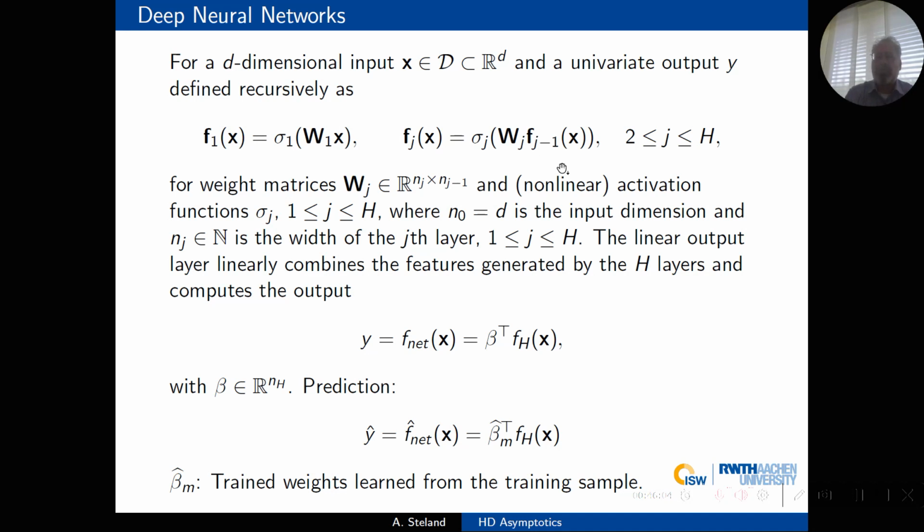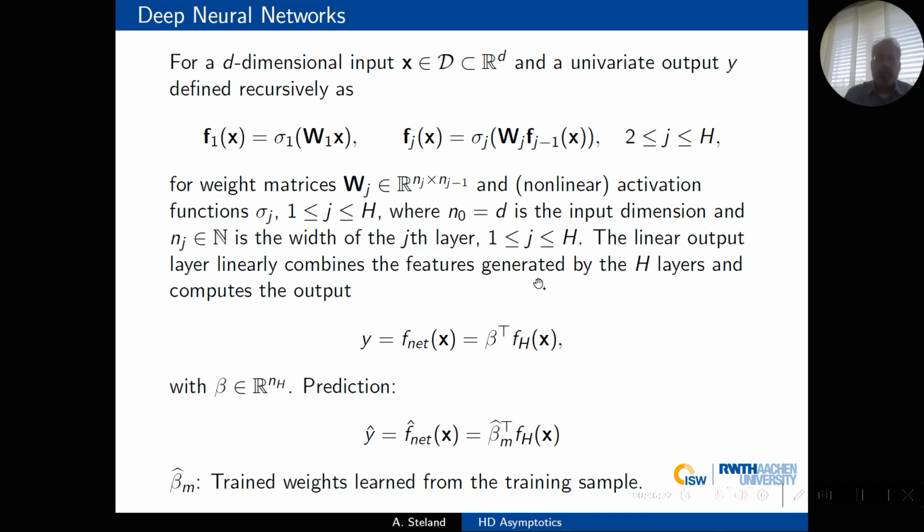Then this is processed into the next layer. And so the next hidden layers are defined recursively. We take the output of the previous hidden layer, apply our weighting matrix Wj, which means these are the connection weights to the neurons of the jth hidden layer, and then apply again the activation function.